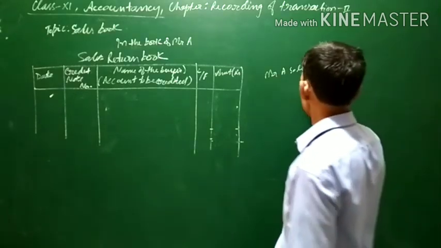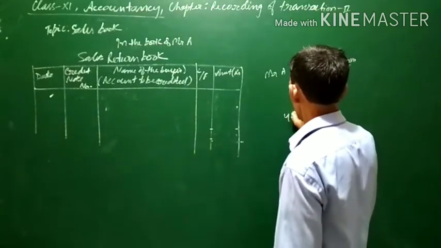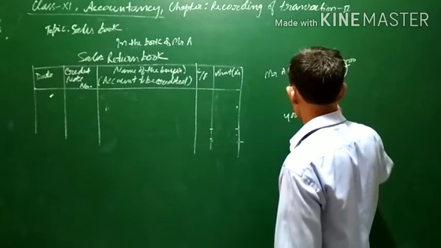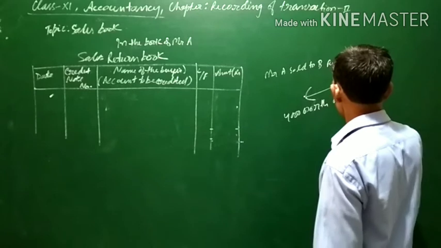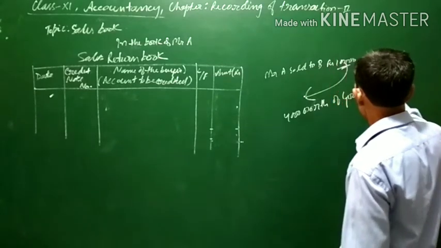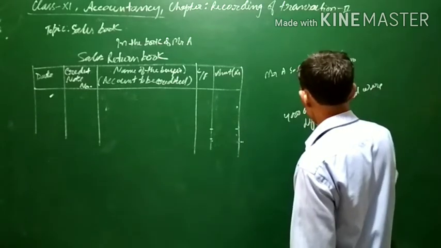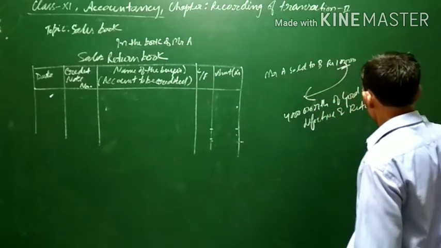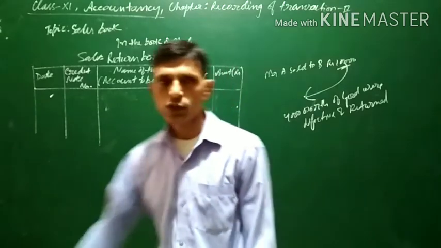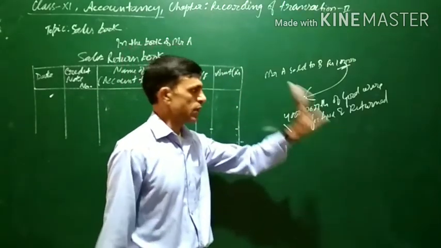Out of these, 4,000 worth of goods were defective and returned.